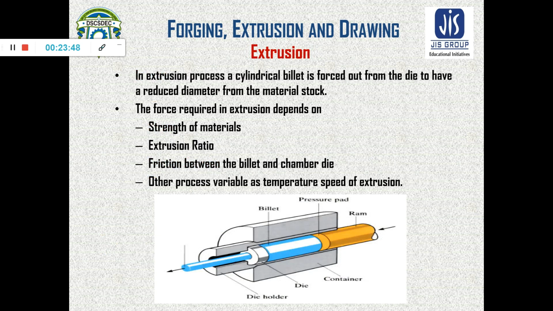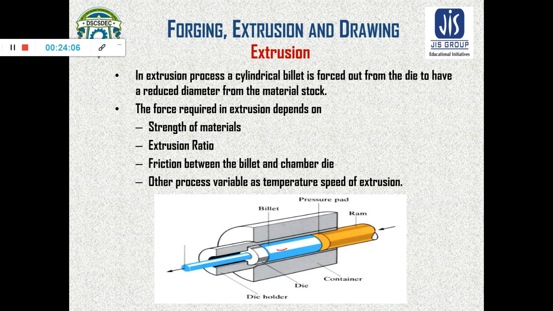Now we will see about extrusion. So what is extrusion? In extrusion, this is a cylindrical billet. This cylindrical billet is forced out to have a reduced diameter from the material stock.